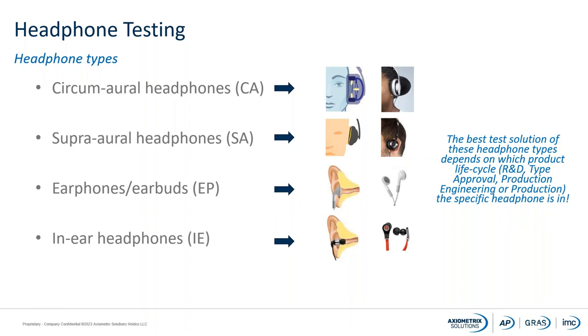Are we in the type approval phase? Are we in the product engineering phase? Or are we on the production line? The equipment will be a little bit different depending on which phase we are looking at, and that's what we will discuss on the next couple of slides.